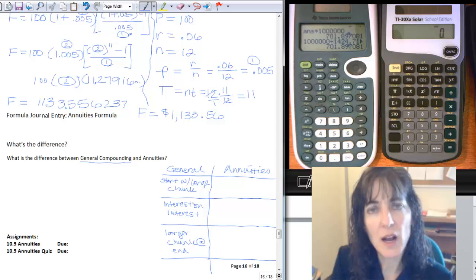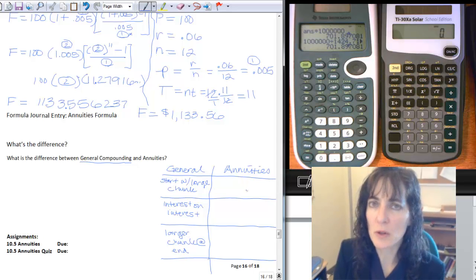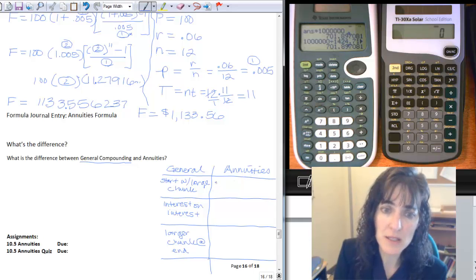So when I've written all the things down about the general compounding formula, I'm going to look at the annuities and see how that differs. For general, you start with a large chunk at the beginning. For annuities, you're making regular deposits.